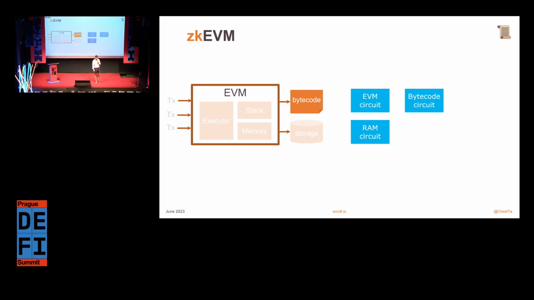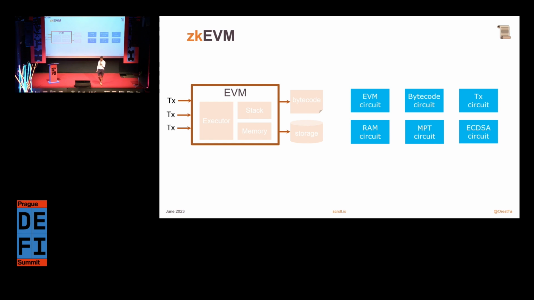We need a separate circuit to prove that we are actually using the correct bytecode and the correct storage, Merkle-Patricia tree in this case. We need a circuit to prove that we are actually executing the transactions that we are supposed to, the inputs. We need special circuits for the non-ZK-friendly operations, such as elliptic curves operations and hashes, and more.